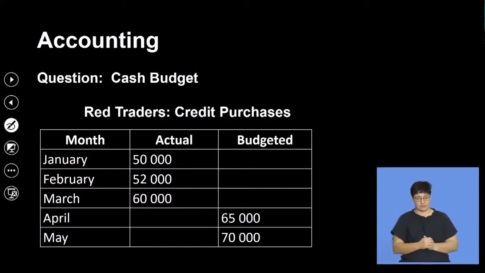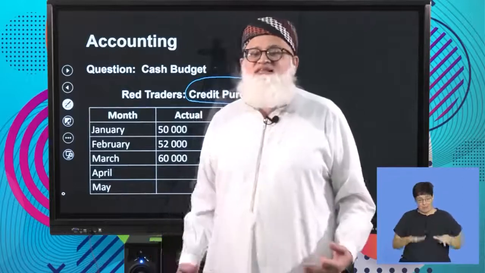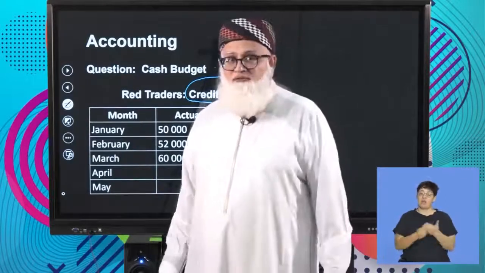So, if this is the question that we have, again, let's ascertain what information we have. We are told that we have Red Traders and they are giving us the credit purchases. In other words, they've already given you the credit purchases figure, but don't expect that to happen in the exams. Why? Because generally, in the exams, you're not given the credit purchases as a straightforward figure. You are, in most cases, expected to calculate the credit purchases.